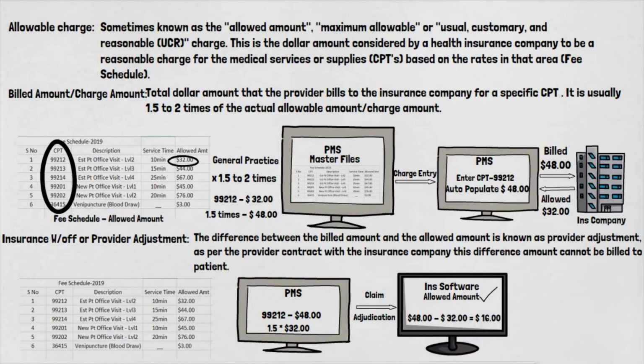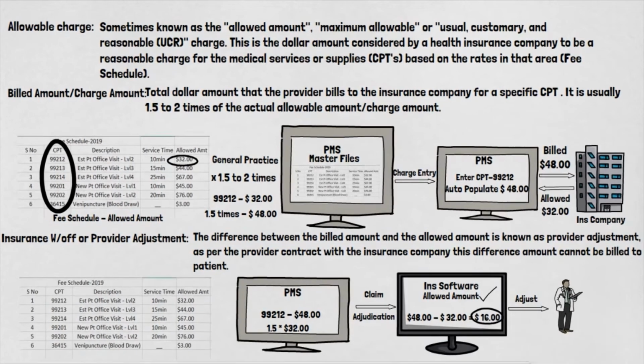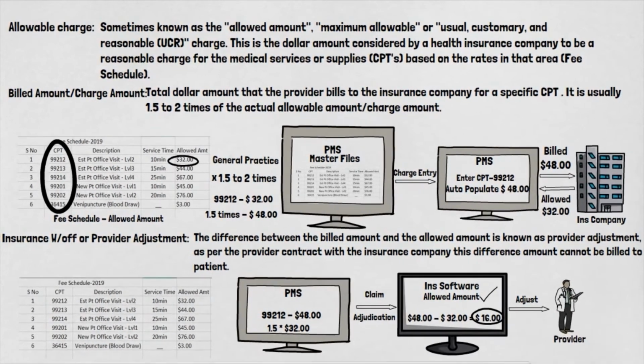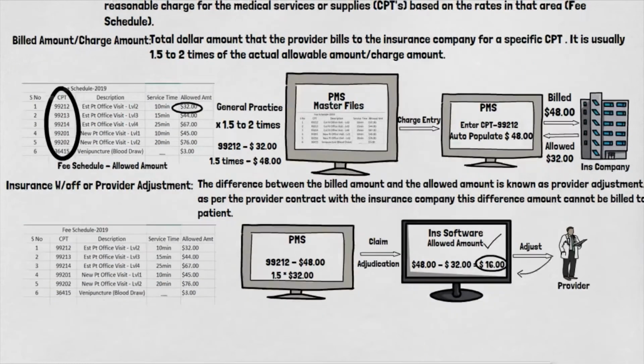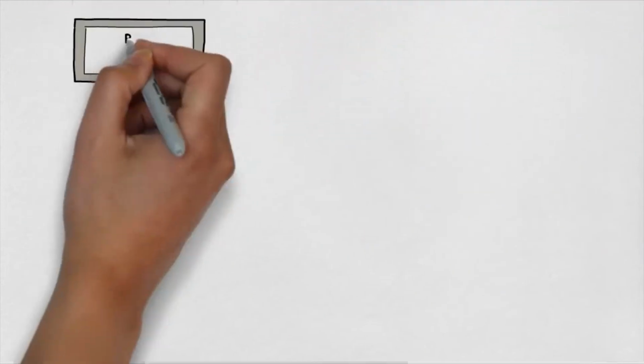Now once the claim reaches the insurance company, the insurance software is going to process the claim as per the fee schedule. Now there will be an excess amount remaining that needs to be adjusted by the provider and cannot be billed to the patient, known as provider adjustment.